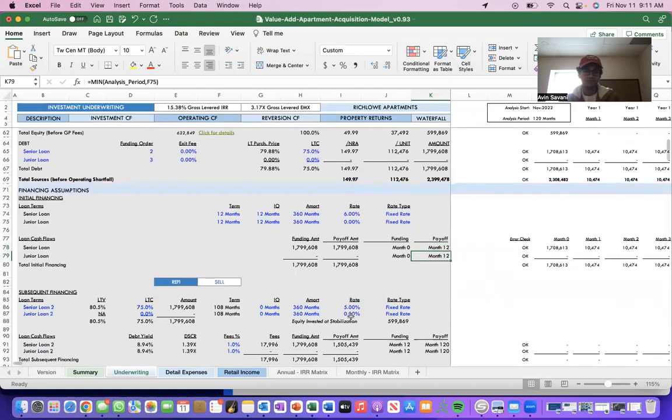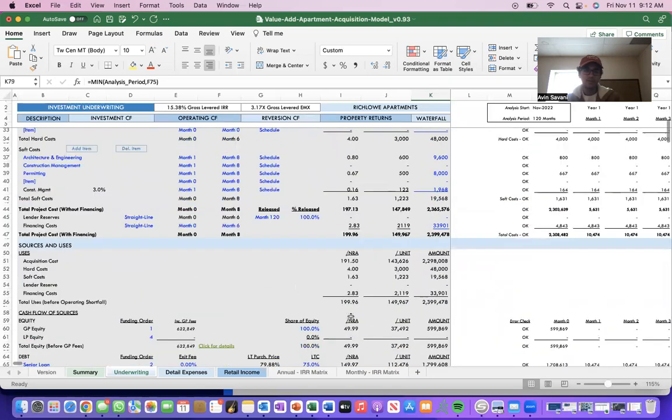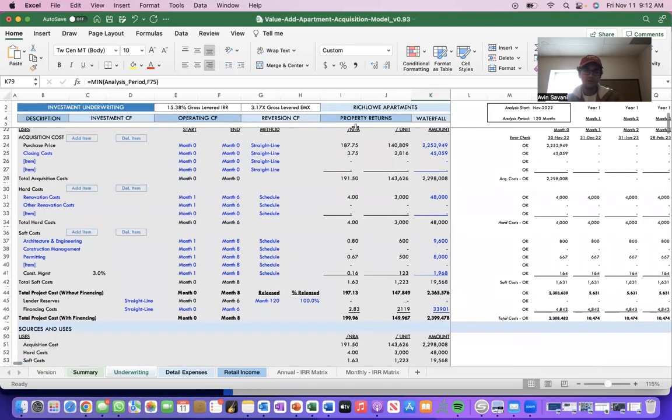So yeah. Oh yeah, and let me show you that up here. So basically it was the method of the investment cash flows. So if you have 48,000 in renovation costs that you're doing, right?